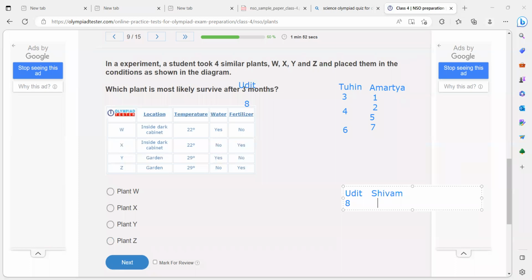One is garden, temple, fertilizer. The answer is plant Y. Plant Y? Okay, according to Shivam, it is plant Y.